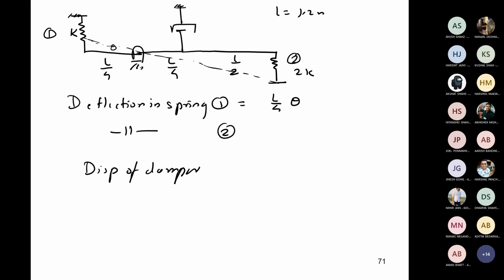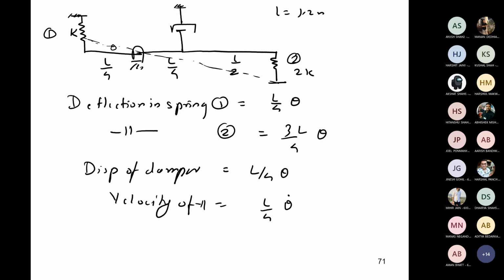And deflection of spring 2 will be equal to 3L by 4 theta. Displacement of the damper will be L by 4 theta. Velocity of the damper will be L by 4 theta dot. Okay. So potential energy of spring will be what?